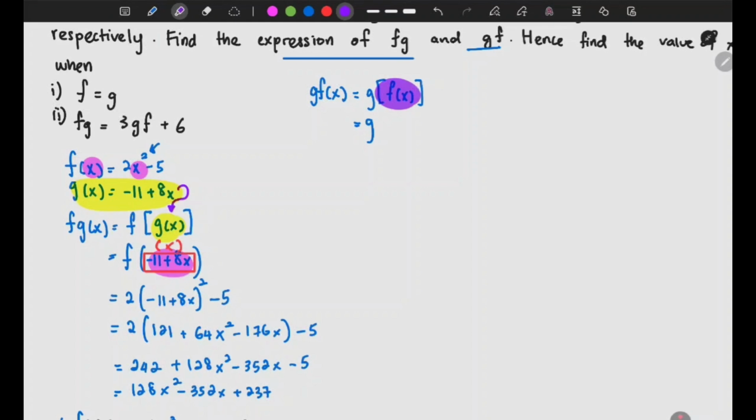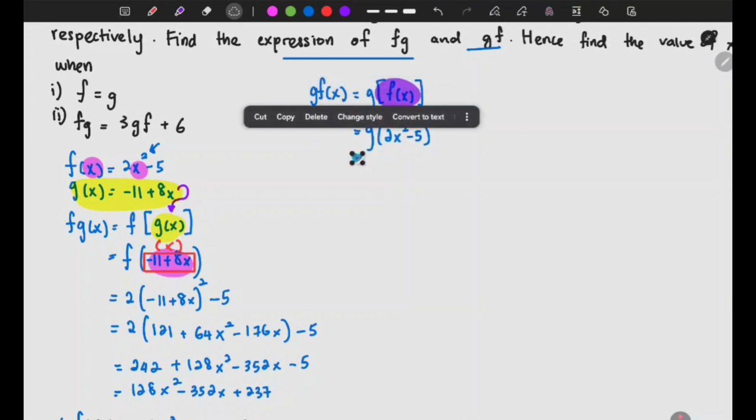Then your g(x), this is your x. This is like your x in g(x). So what is your g(x)? This is your x. Only change your x, because your x is no longer x, but it's 2x squared minus 5.